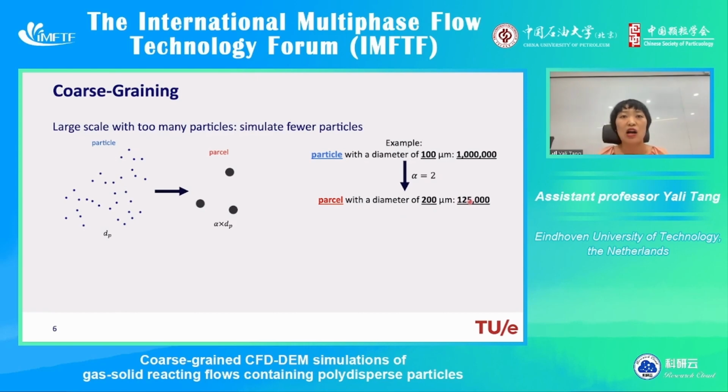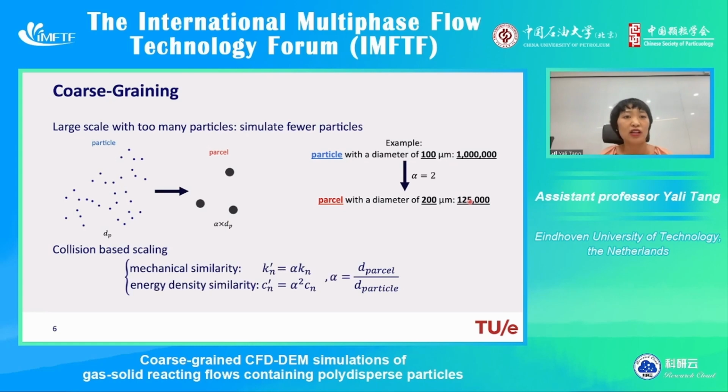The question is how to maintain the original physics. There are different types of coarse-graining approaches, and in our case, we follow the collision-based scaling rules. Essentially, it means that the energy loss per collision between parcels needs to be identical to the energy lost from the primary particle collisions. Practically, we need to scale the collision coefficients.